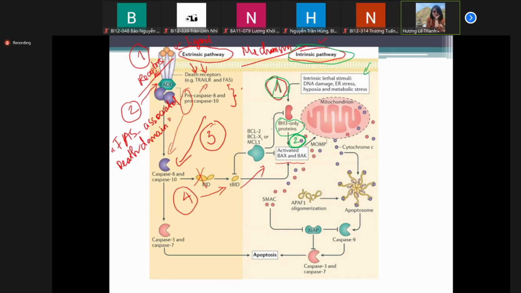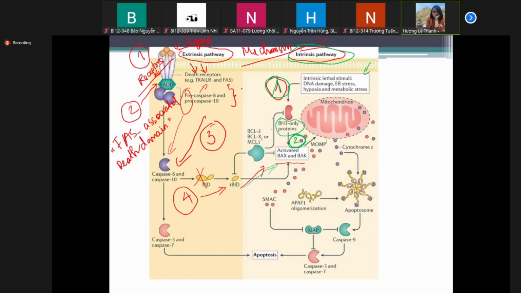So the tBID in the extrinsic pathway also activates the BAX and BAK proteins. Activated BAX and BAK cause a condition we call MOMP.